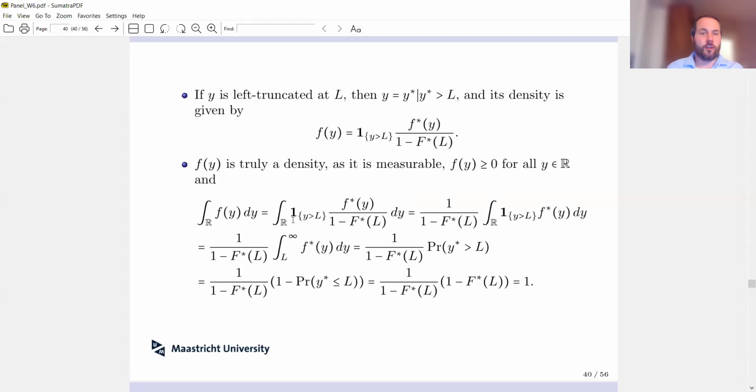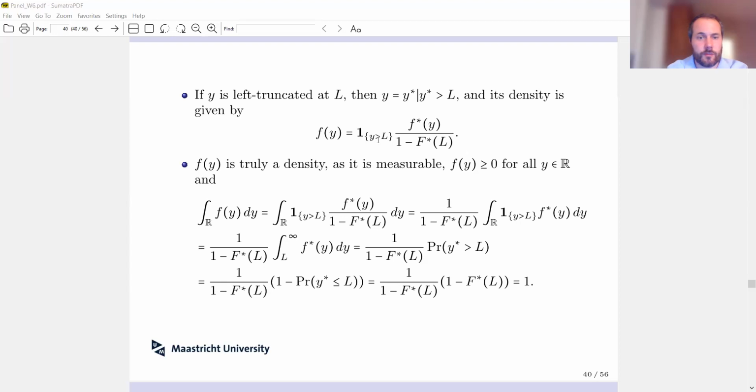And you can actually obtain the density of the truncated variable y, because this y is simply the same as y star, conditional on y star being bigger than L. Otherwise, you don't see anything. So the density of y is 0 whenever y star is, this should be y star actually, sorry, I'm going to check.